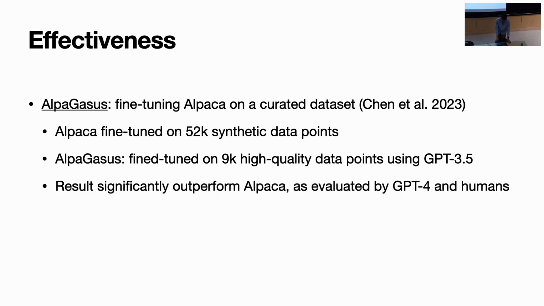I haven't included the full evaluation results here, but at a high level, the resulting model significantly outperformed the base Llama model. They evaluated that using GPT-4, which is kind of interesting, but also did a human study. So this pattern of using powerful language models to evaluate data can be quite useful in certain scenarios.